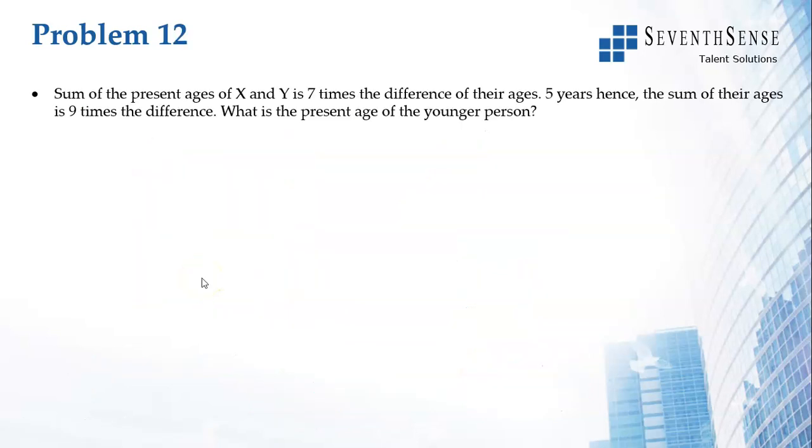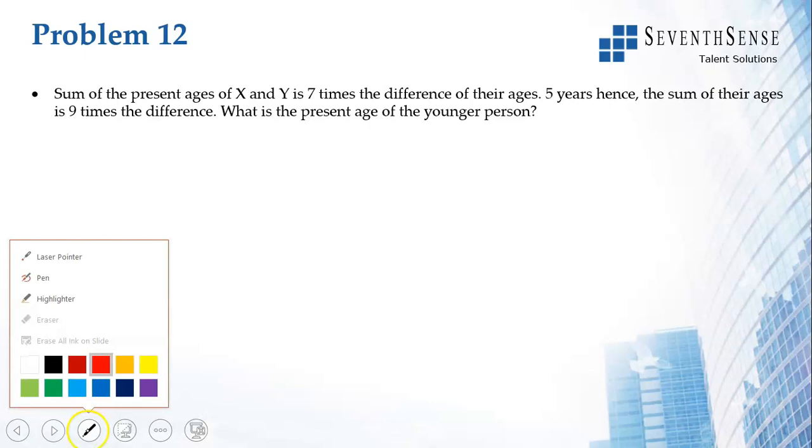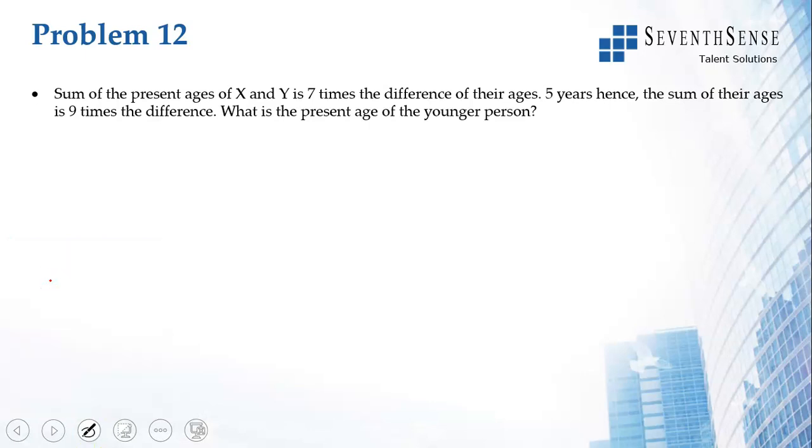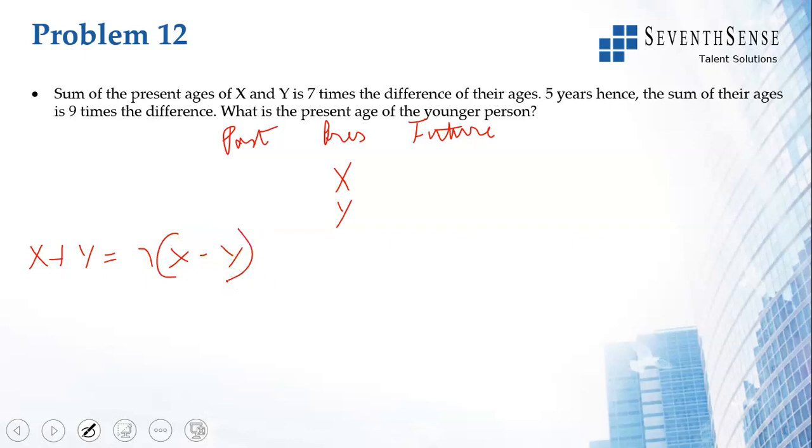So look at this. Present ages of X and Y is given as 7 times their difference. So if you do past, present and future, you get X and Y here, right? In the present, you get sum of their present ages. X plus Y is equal to 7 times their difference. When you open, 7x minus x and 7y plus y, right?